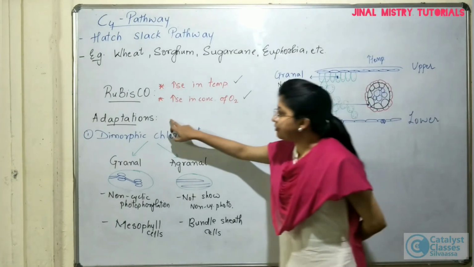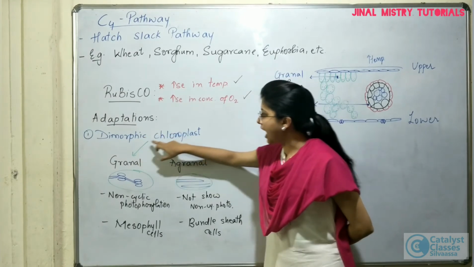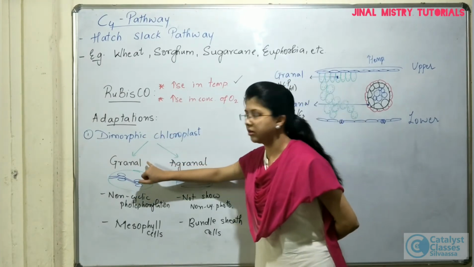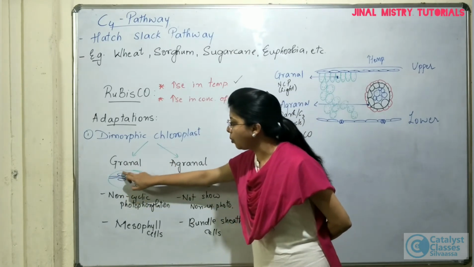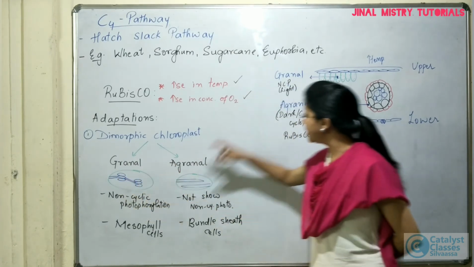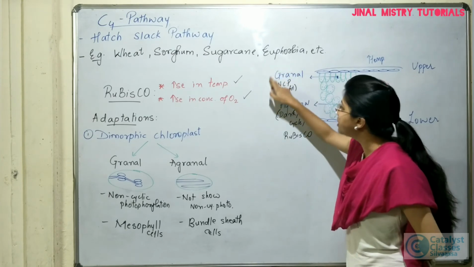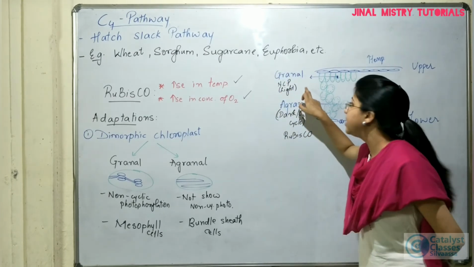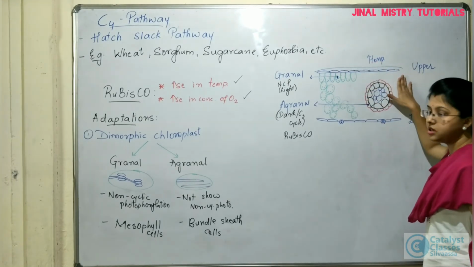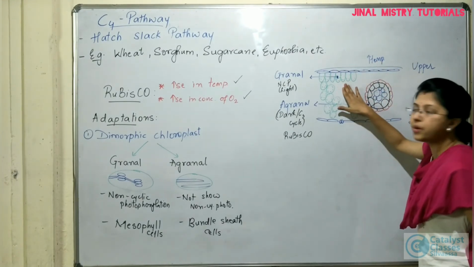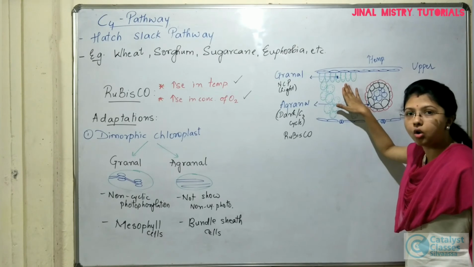Again, the first adaptation is that they have dimorphic chloroplasts, which are granule and agranule. Granule chloroplast is the one which has grana, and it is present in the mesophyll cells where the light reaction takes place. They are directly exposed to the atmosphere, so the increased temperature will be present here. There is no Rubisco present here because the dark reaction does not occur.